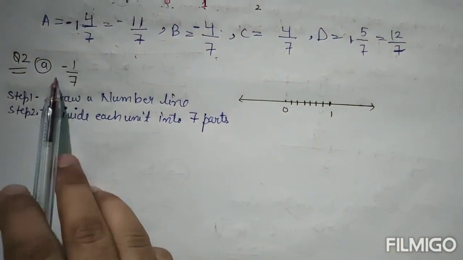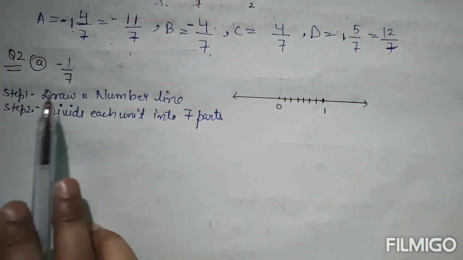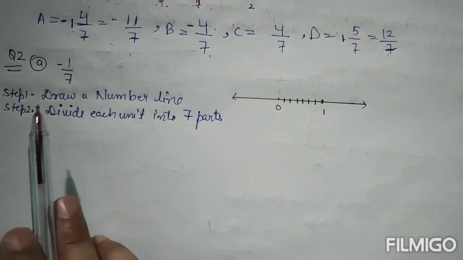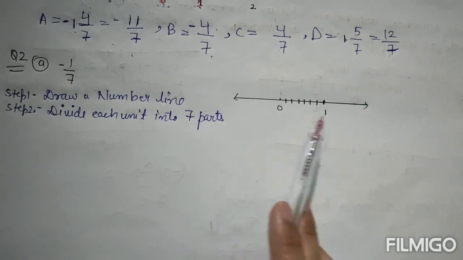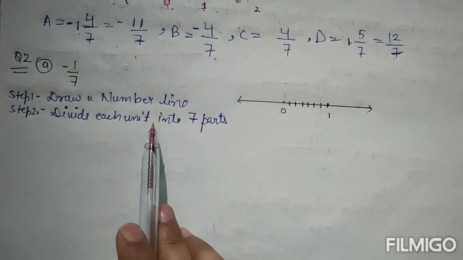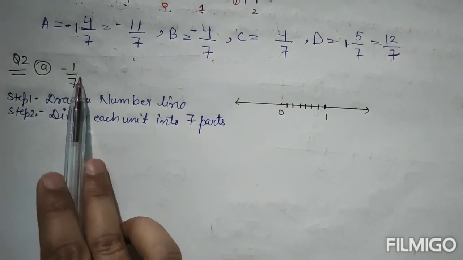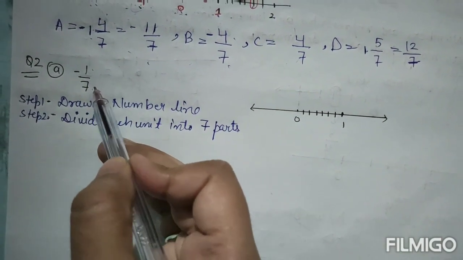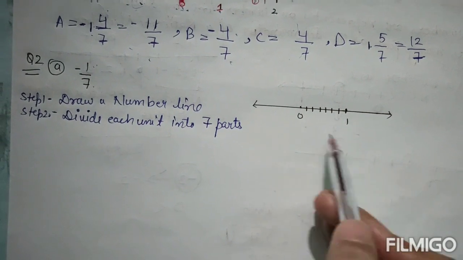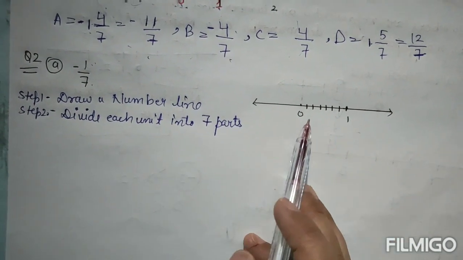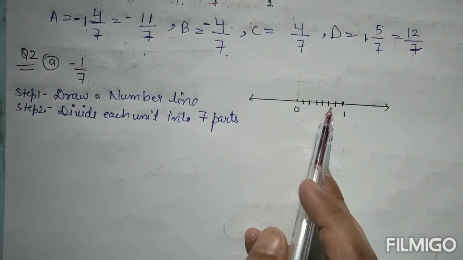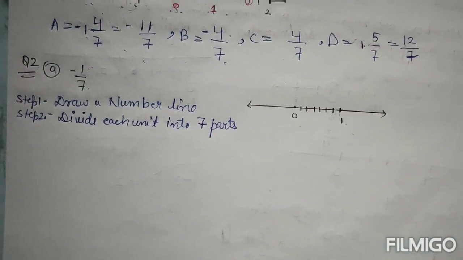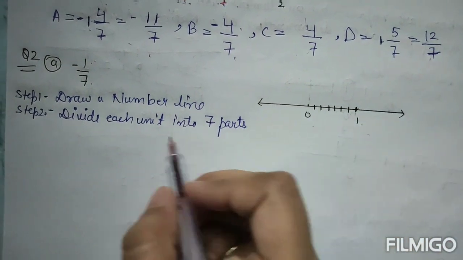First you have to represent -1/7. So step 1 will be, you have to draw a number line. Then divide each unit, here the unit is 0 to 1, into 7 parts, as the denominator is 7. Now check, look, the numerator is less than the denominator, therefore it is lying between 0 and 1. So 1 2 3 4 5 6 7, this will be 7. Have you divided? Now check.